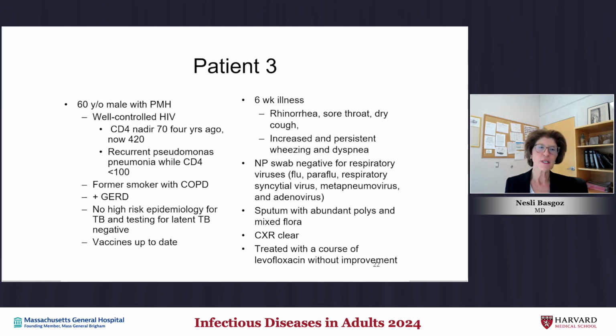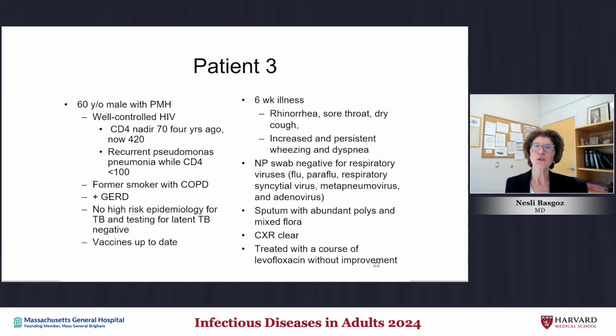So here's our first patient, a 60-year-old male with a past medical history of well-controlled HIV. He also is a former smoker with COPD and has symptoms consistent with GERD. He has no high-risk epidemiology for TB, and testing for latent TB is negative. He's well vaccinated.